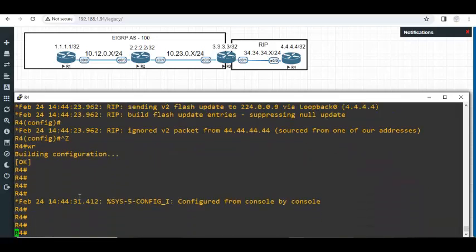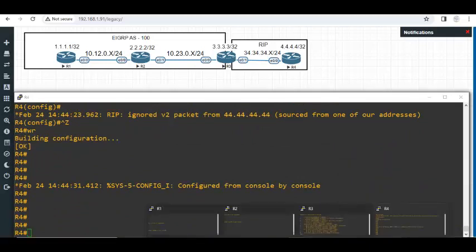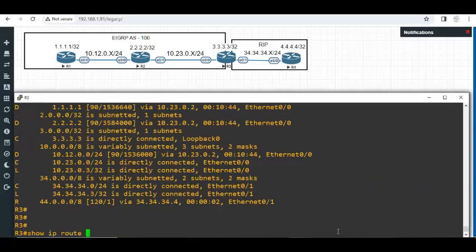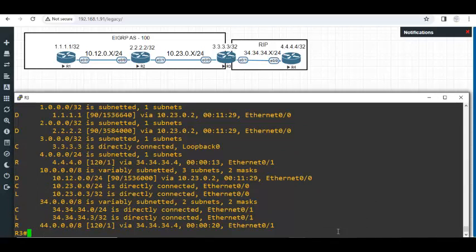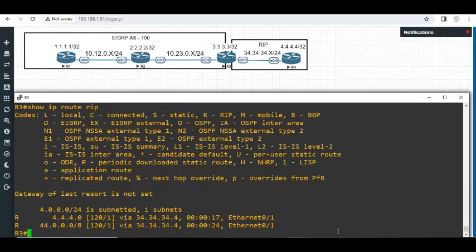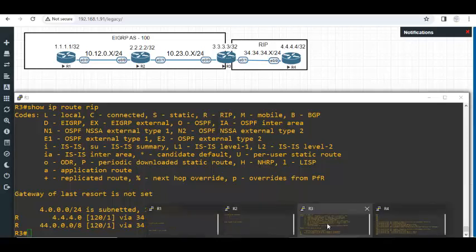Okay, now our aim is to see how to do redistribution in the newer EIGRP. Router EIGRP, no, this is the newer version, garlic.